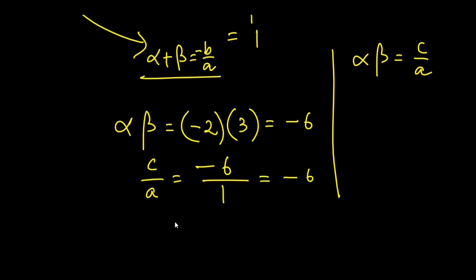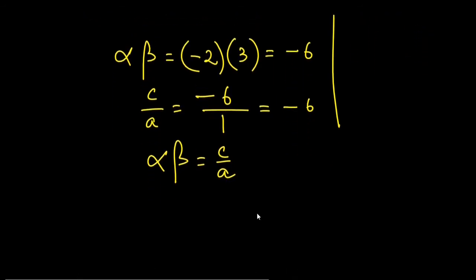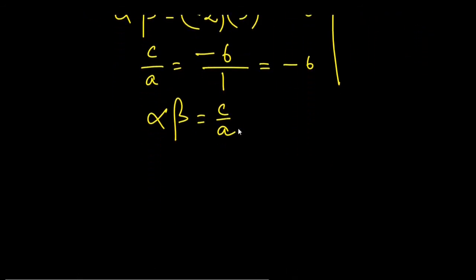So we have verified the relation alpha into beta is equal to c by a. Product of the zeros is constant term by coefficient of x square. In this way we can verify the relation for any quadratic polynomial.